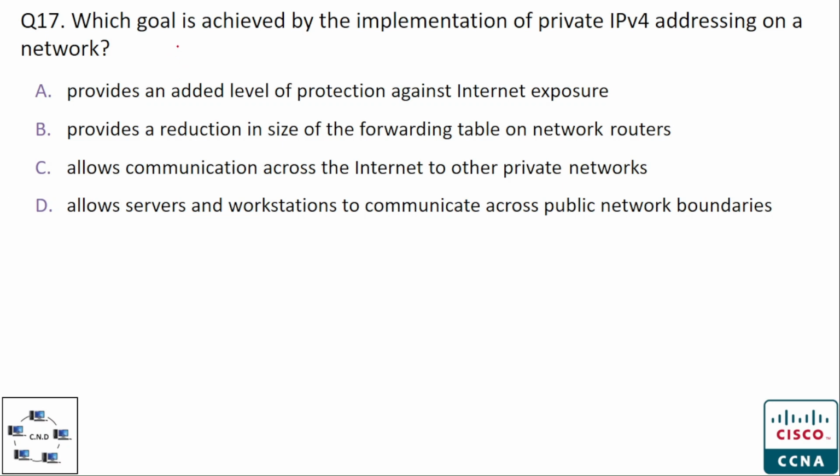Question number 17. Which goal is achieved by the implementation of private IP version 4 addressing on a network? Sorry, let me rephrase the question.